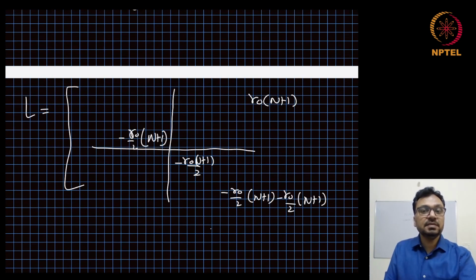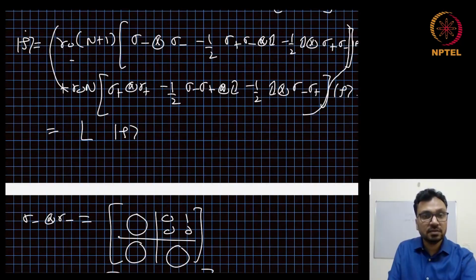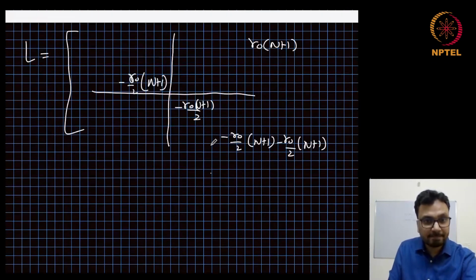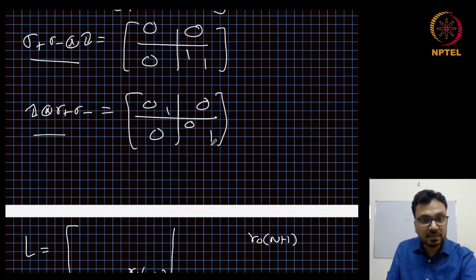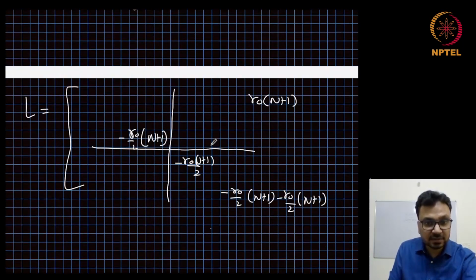This is the contribution from the first big expression in the Lindblad equation. The second will give us the following terms. Sigma plus tensor sigma plus is here, and that will be gamma naught n.